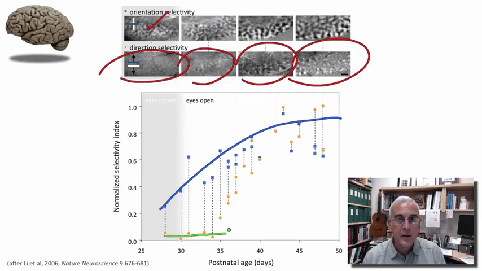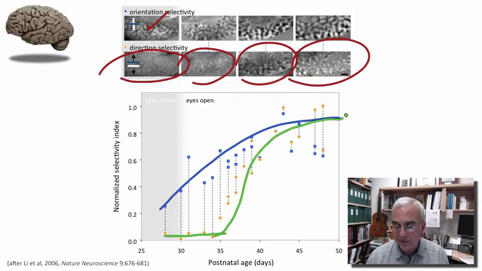There seems to be about a week or so of visual experience that's necessary before there is a steep inflection in the development curve. And then after about 2 to 3 weeks of postnatal life, at least in this animal model, mature levels of orientation and direction selectivity are established.